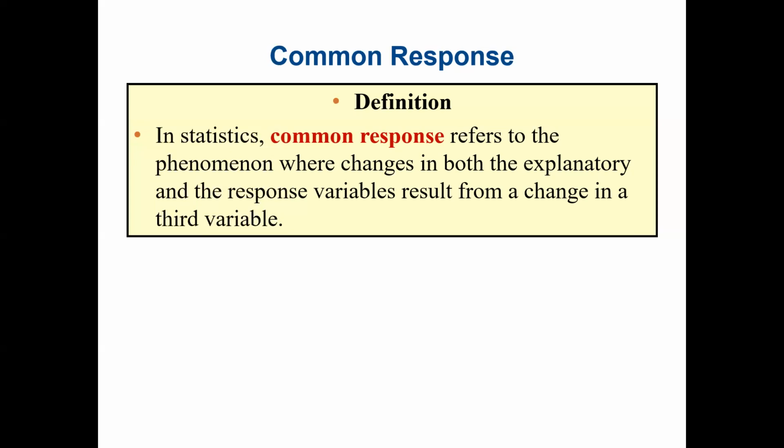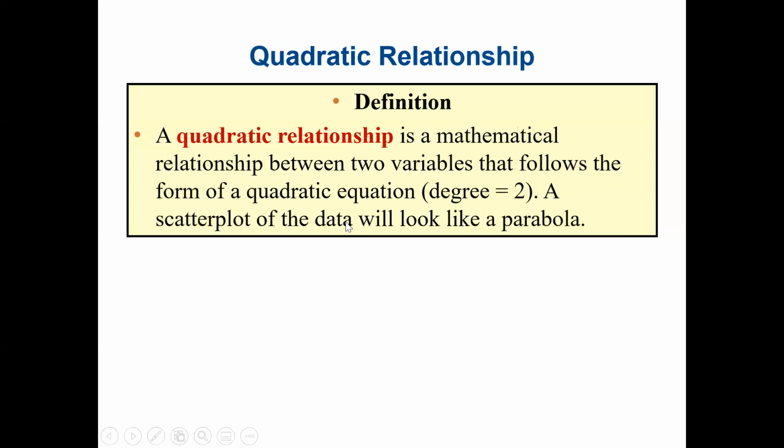But again, we have a third variable, which is the temperature, that causes the association or relationship between these two variables. So that's why in statistics, we say correlation doesn't mean causation. We may have two variables that have an association or relationship, but one doesn't cause the other.